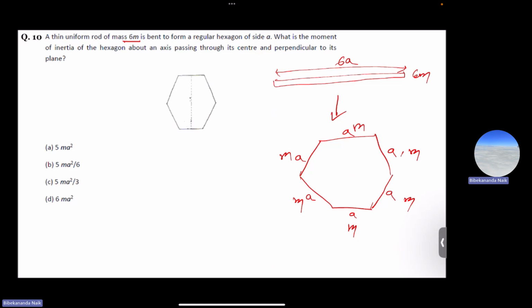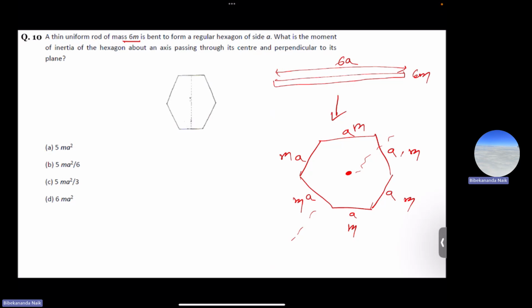We need the moment of inertia of the hexagon about an axis passing through its center and perpendicular to its plane. So this is the axis, passing like this, perpendicular to the plane. We need to find the moment of inertia of the hexagon about this axis.